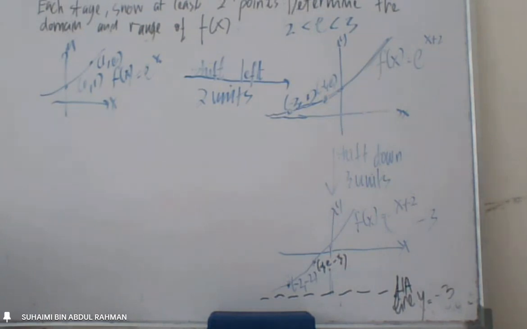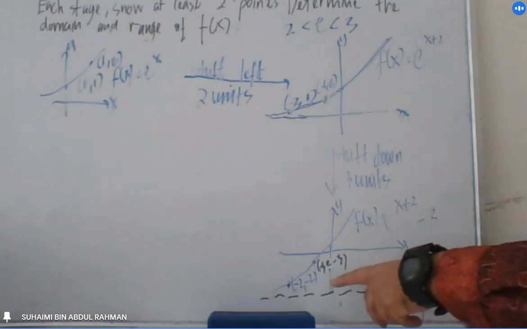Yes. The domain is minus infinity to infinity always. When we talk about an exponential function, the domain is always from minus infinity to infinity. Only the range is different. What is the range now? -3 to infinity. Yes, minus 3 to infinity, because it starts from here.